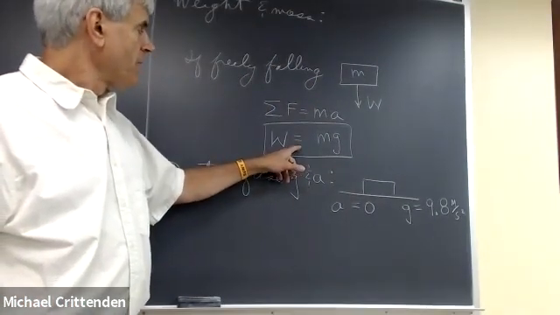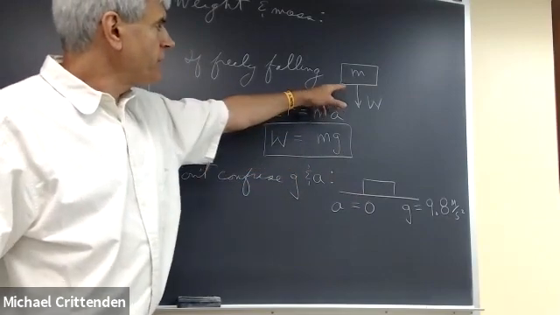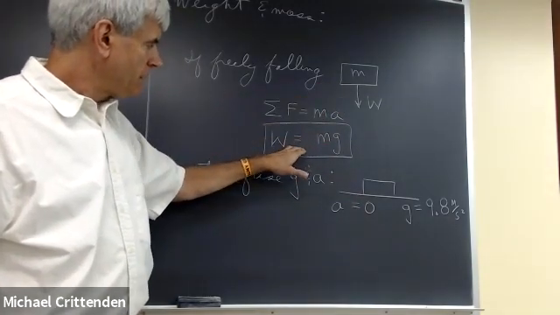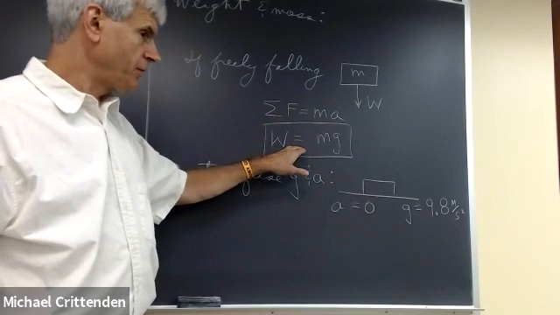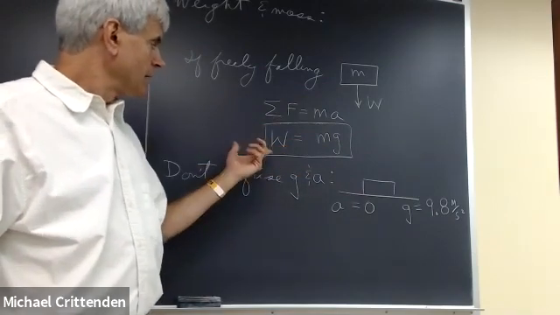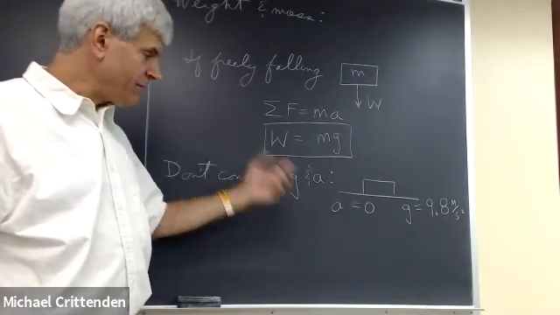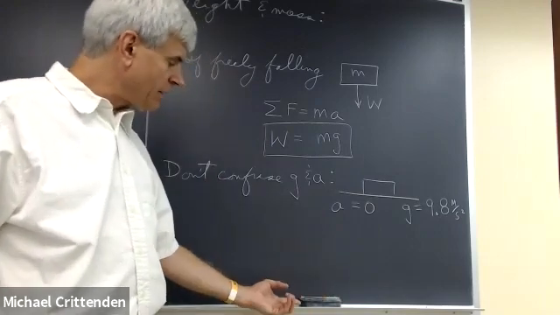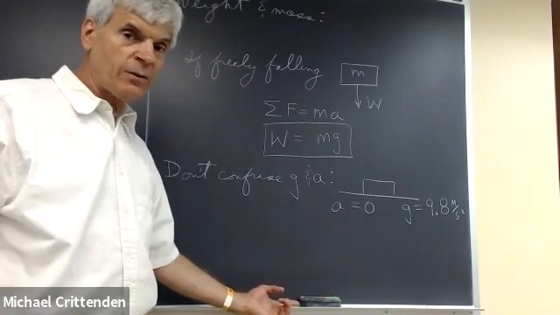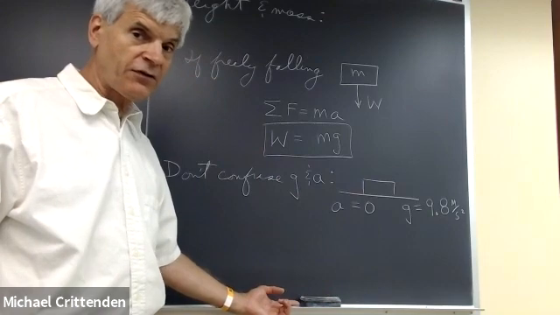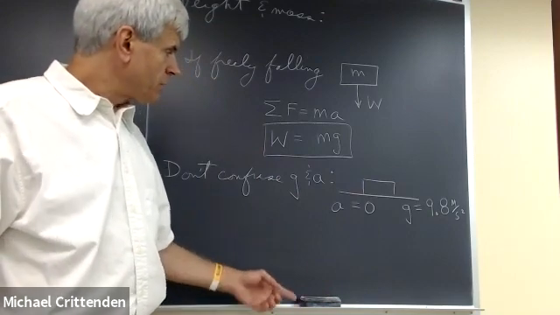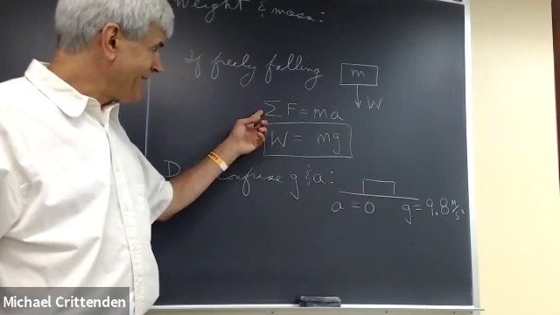But back to this, I considered a special case in order to develop this, but once I've got it, it weighs the same thing even if it's just sitting there. Even if it's not freely falling, it's still the same amount of mass, the same distance from the center of the Earth. So W is no longer the net force.